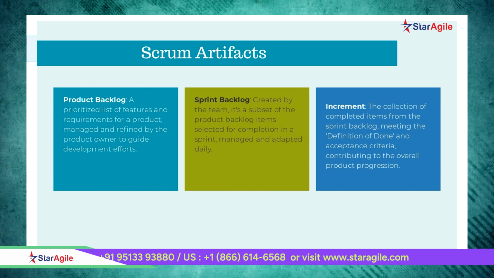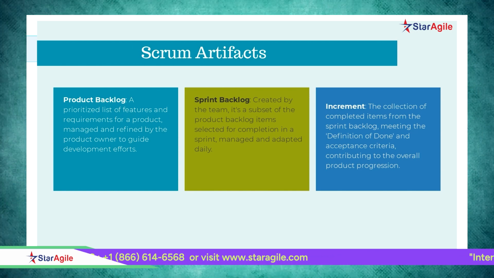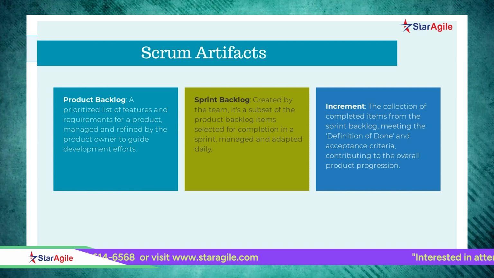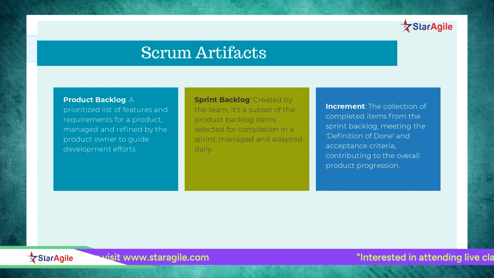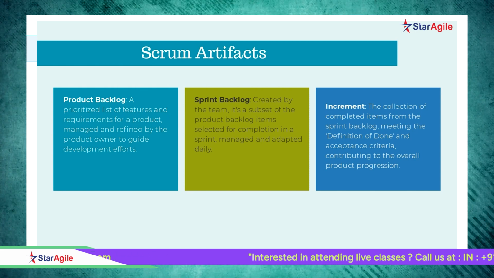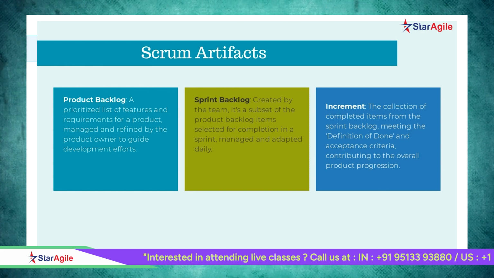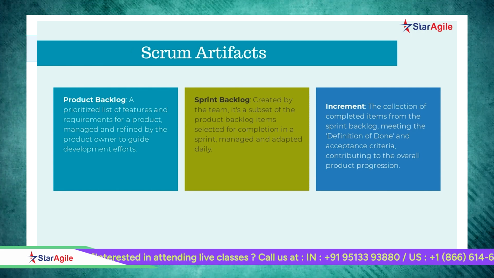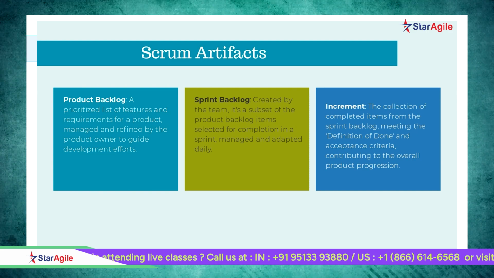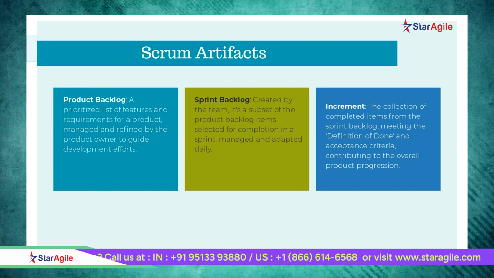The increment is the sum of all the product backlog items completed during a sprint, as well as the work from all the previous sprints. It represents a potentially shippable product increment that is releasable to stakeholders and meets the Scrum team's definition of done. At the end of each sprint, the development team delivers the completed increment to the product owner for review and feedback.